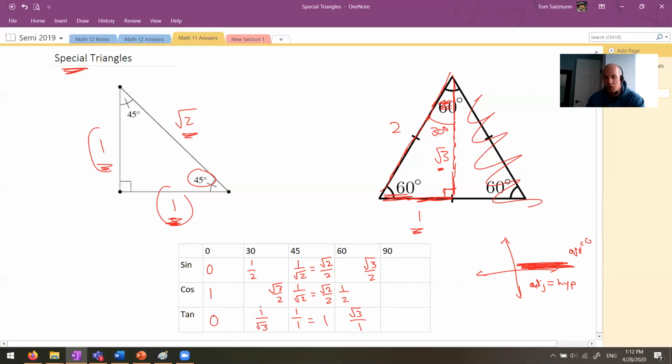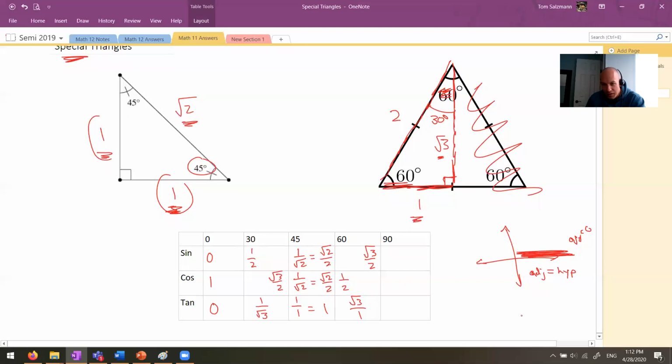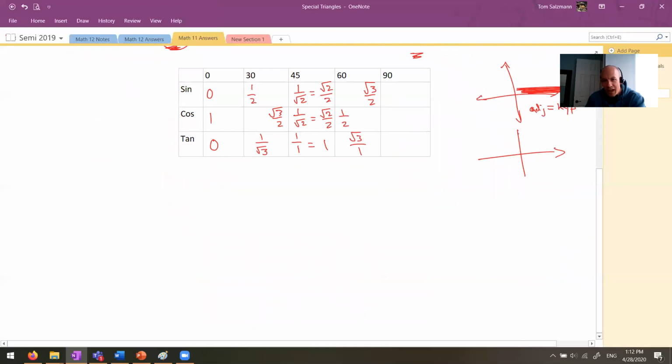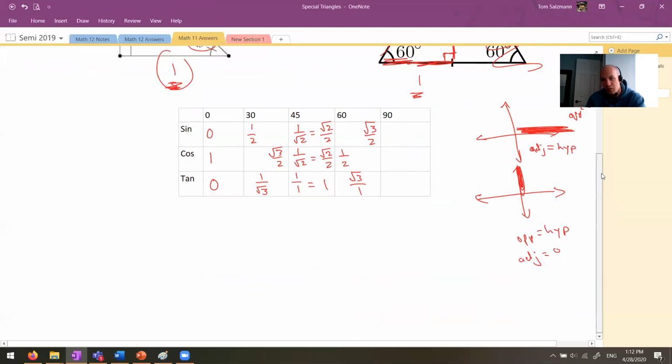Then we can also go to 90 degrees. Let's see if OneNote's going to give me a little more space here. There we go. So the 90-degree situation, again, will look like this. And we will have 90 degrees here, which means my opposite side is exactly as long as my hypotenuse, and my adjacent side is equal to 0.